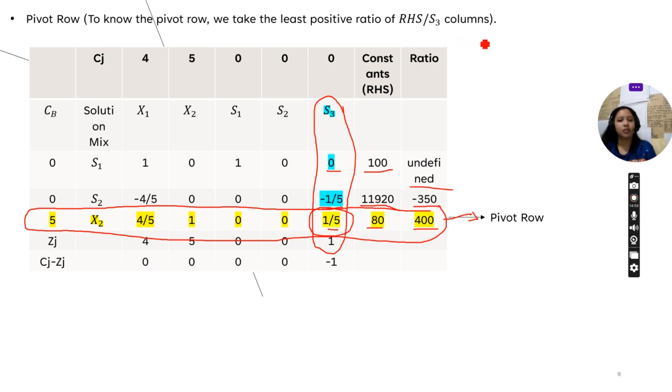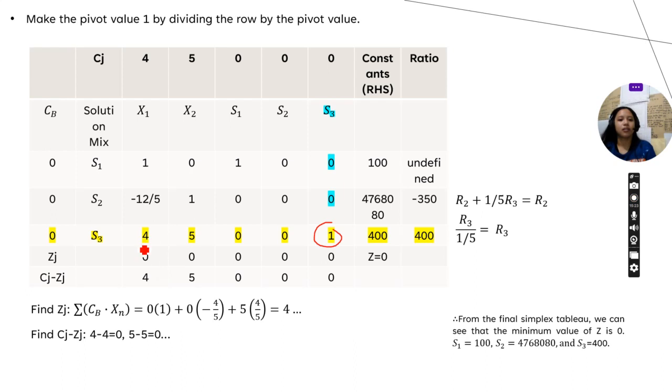Let's divide it by itself: 1 divided by 1/5 is equal to 1. And let's divide this into 1/5. So we get this.